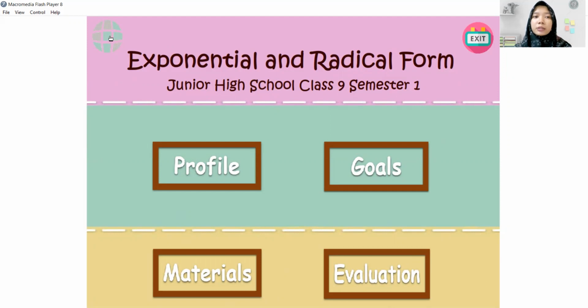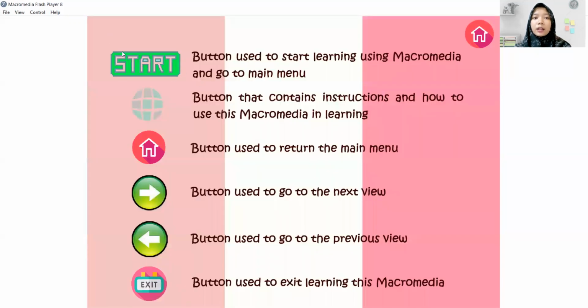Students can click this button. Start button is used to start learning using Macromedia and go to main menu. Direction button is a button that contains instructions on how to use this Macromedia in learning.